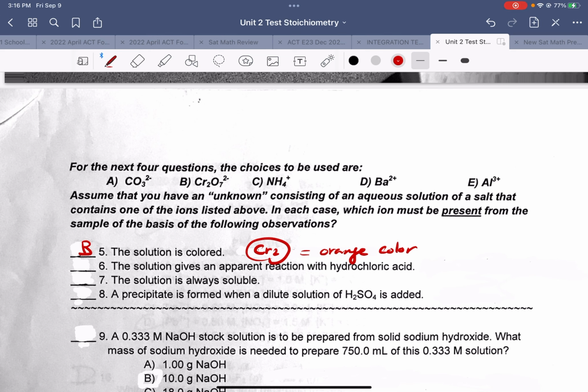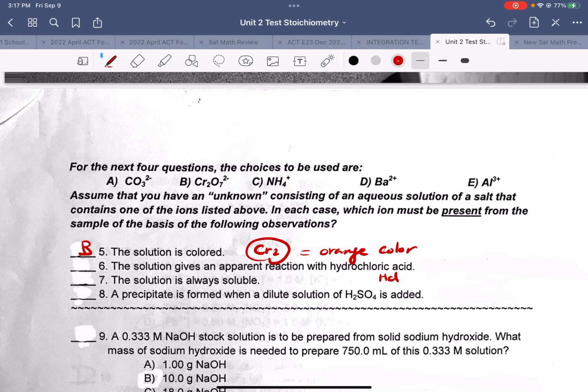Now, number 6, the solution gives an apparent reaction with hydrochloric acid. Hydrochloric acid is a very strong acid. Which one reacts with that?